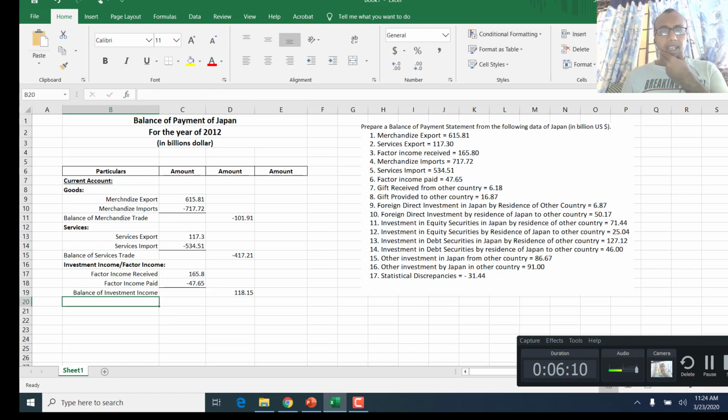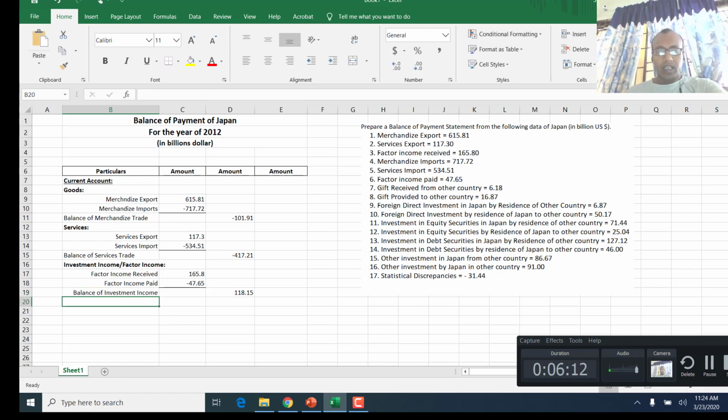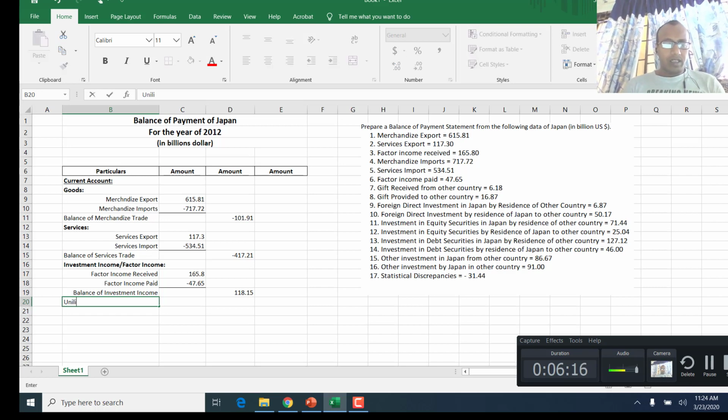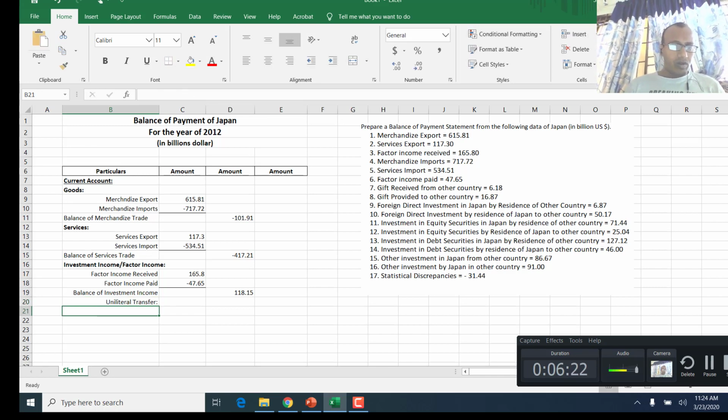Now after that, unilateral transfer. We should keep in mind that unilateral transfers can be gifts or donations by private citizens or by the government of one country to another country.